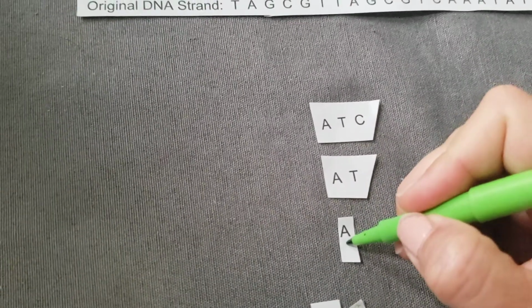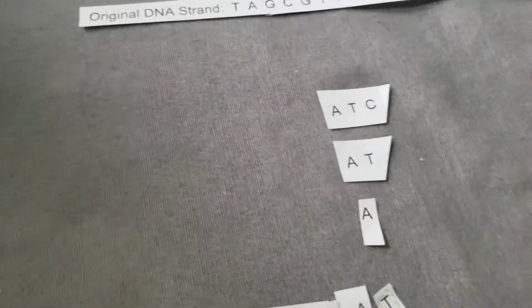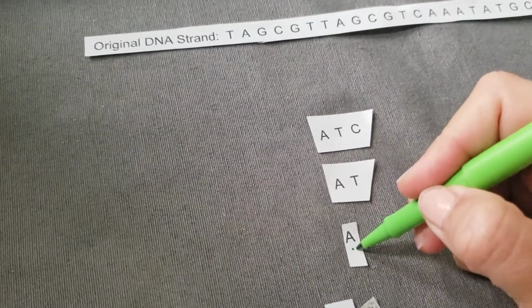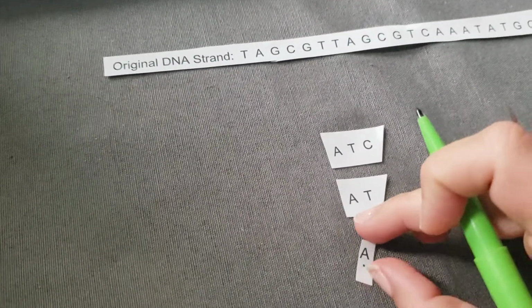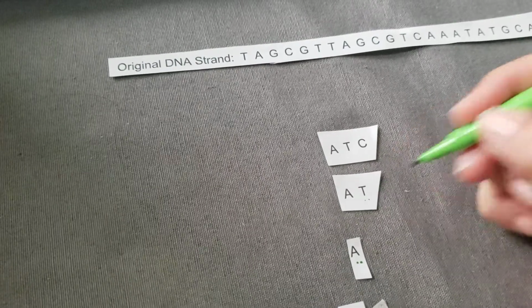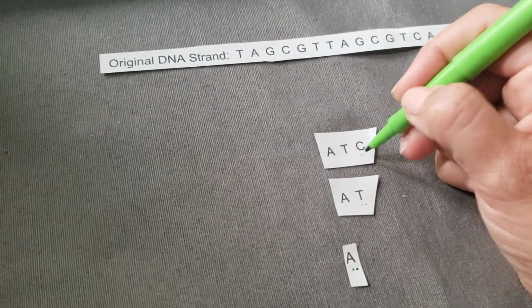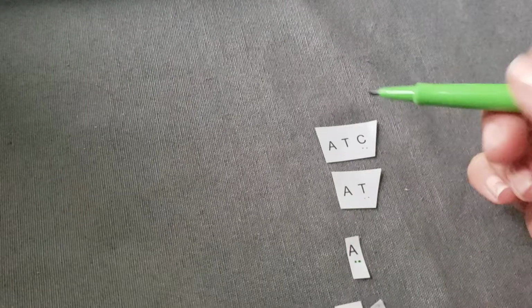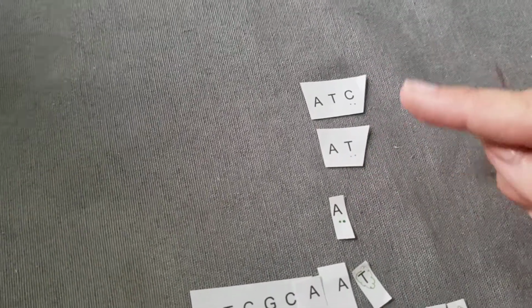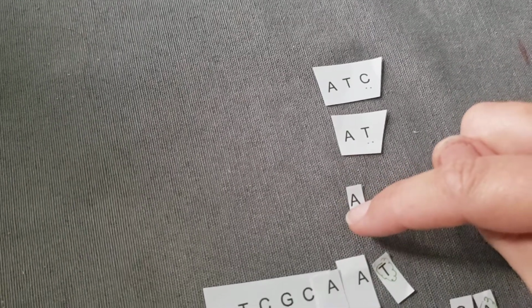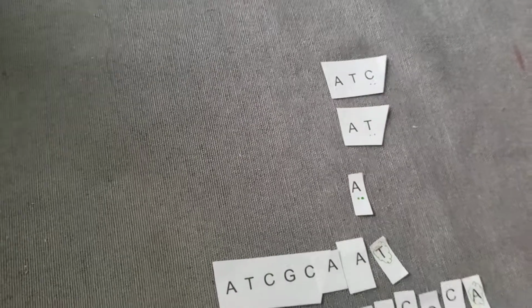So if I kind of edit these in the moment, I'm just going to put a little mark because I can't let go of my phone. Okay, that's a fluorescent A. That's a fluorescent T. Now we have a fluorescent C. The machine is reading these fluorescent letters and it's spitting them out as a graph of humps of certain color. And that color indicates whether it's an A, a T, a C, or a G.